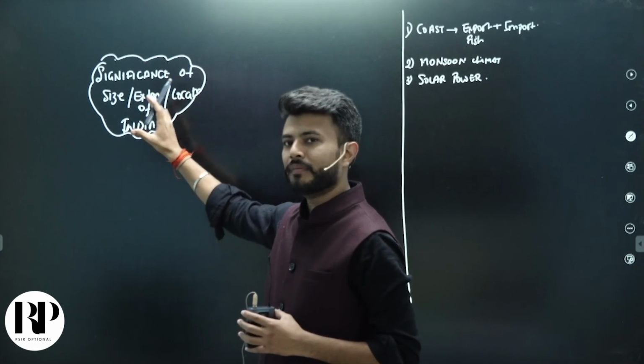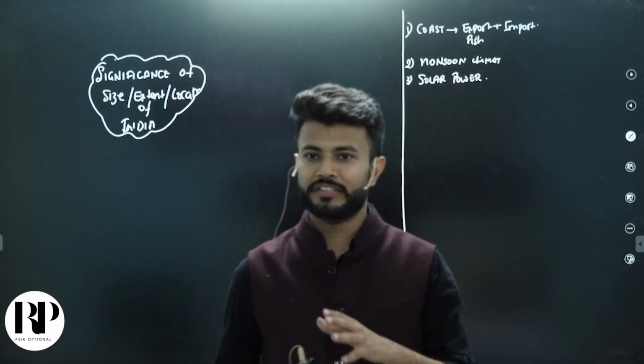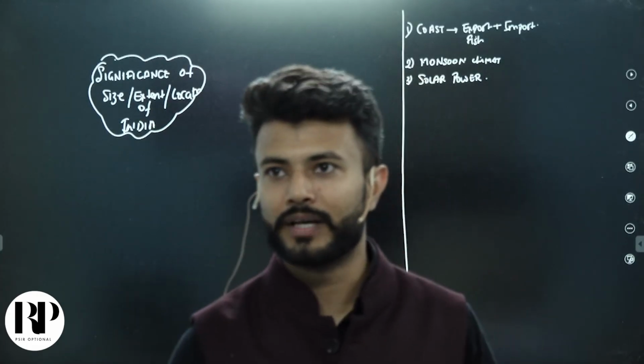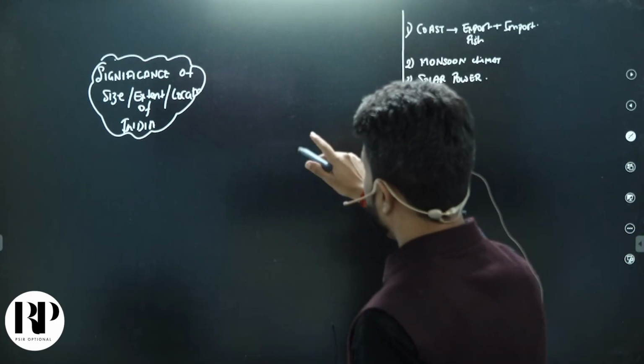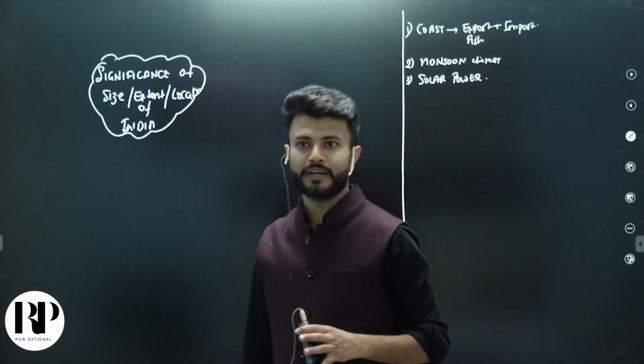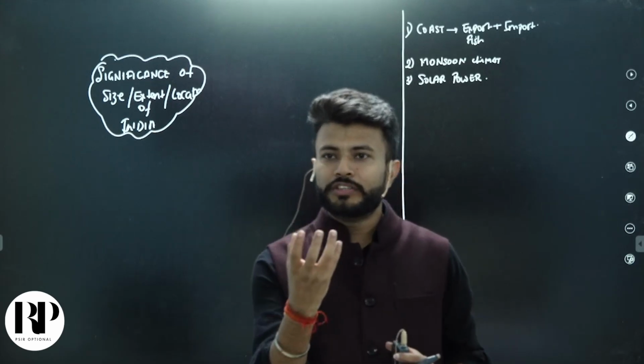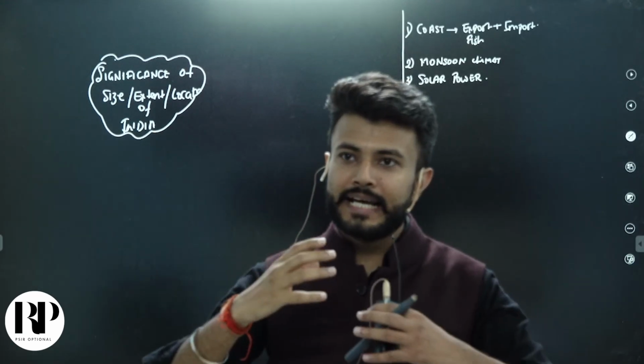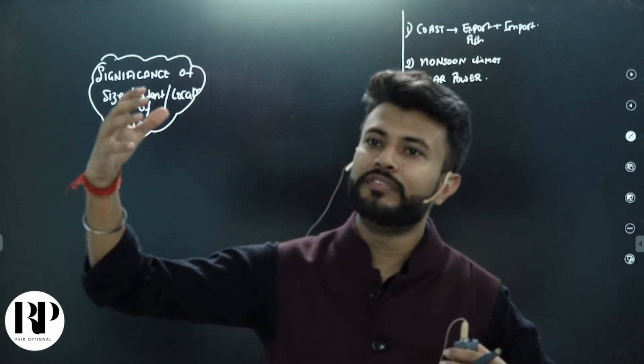So when I am asking you a question, diverse biodiversity, Karishma is saying, very good point, Vani. So when I am asking you about the significance of extent, size, and location of India, the core of this question is what? That India is a large country. How is it beneficial for India?